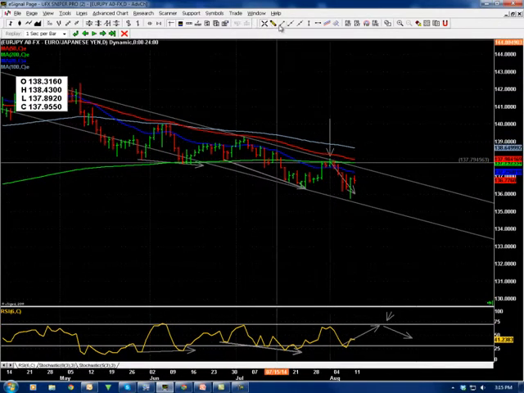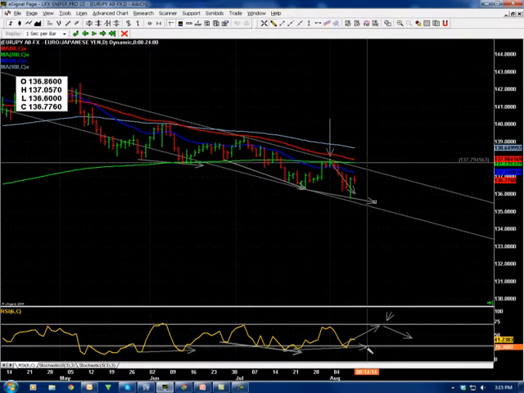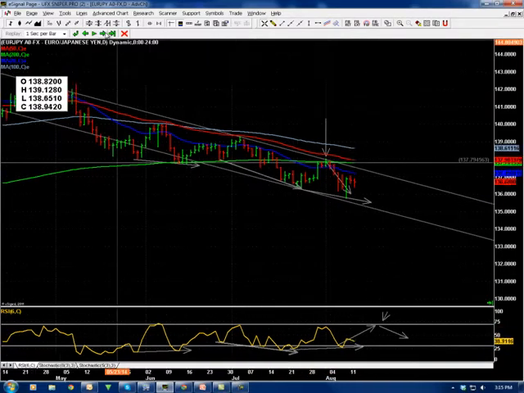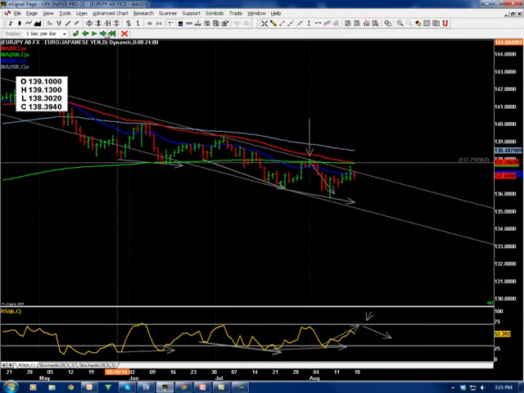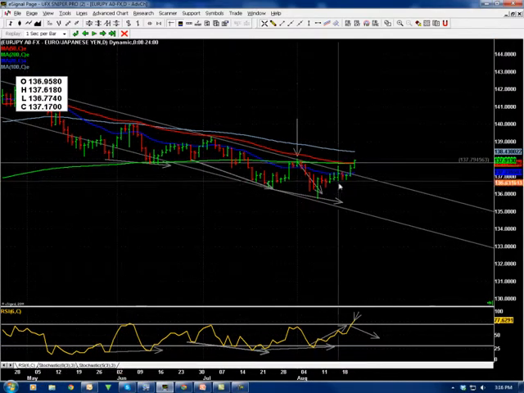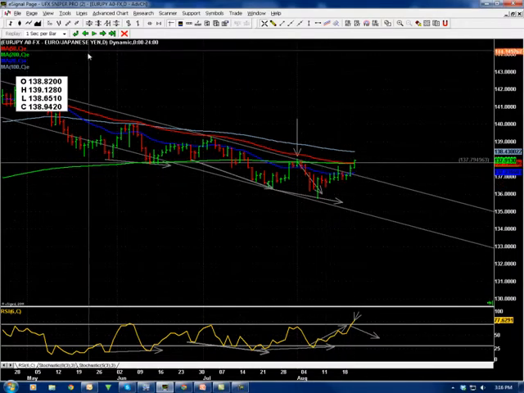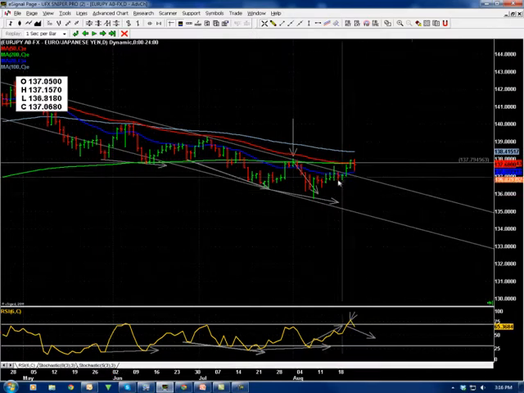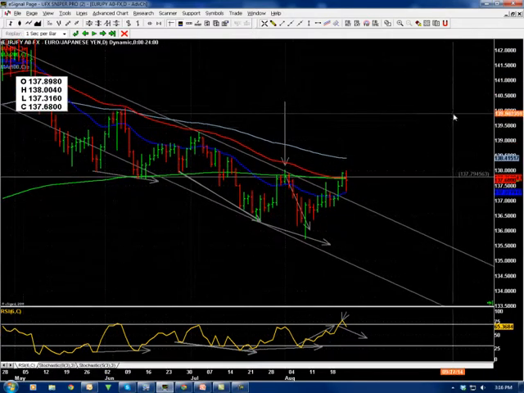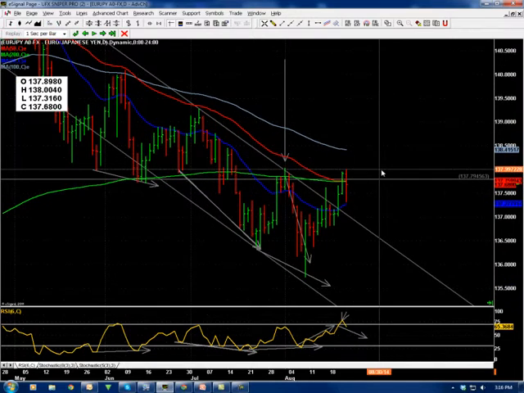Now here is giving divergence. This is pushing down, and this one is pushing up. That is why it goes all the way up. See that? So this divergence is for this section here. Then here it failed to take out this high. It's still giving lower highs and lower lows, just about.